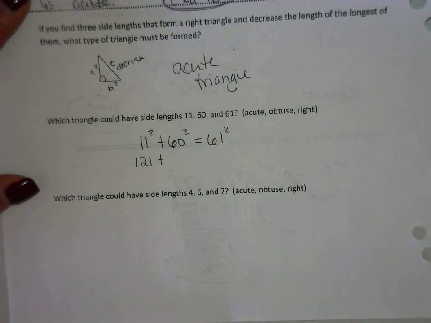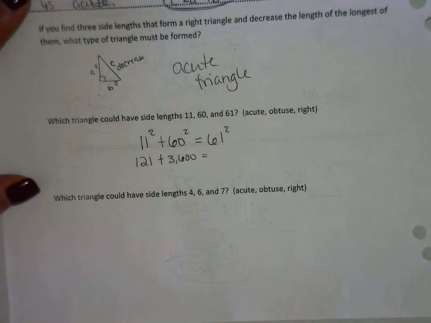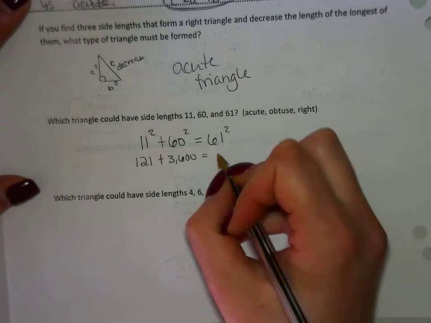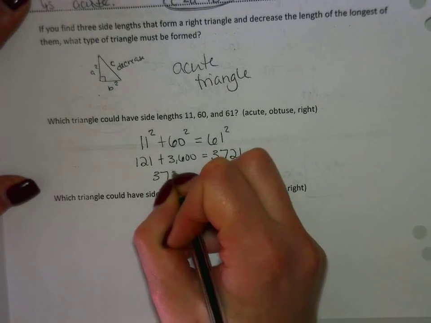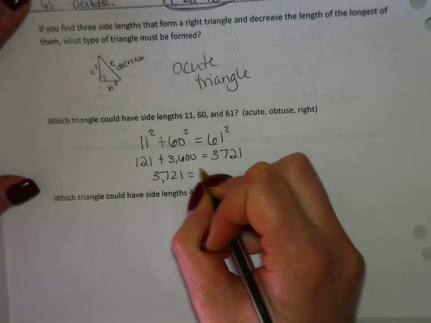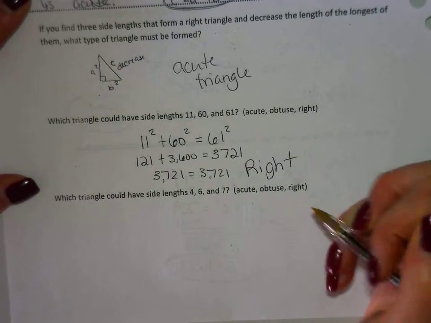When we square 60, we end up with 3,600. And 61 squared is 3,721. If we add 121 plus 3,600, we end up with 3,721. Since they equal each other, this is a right triangle.